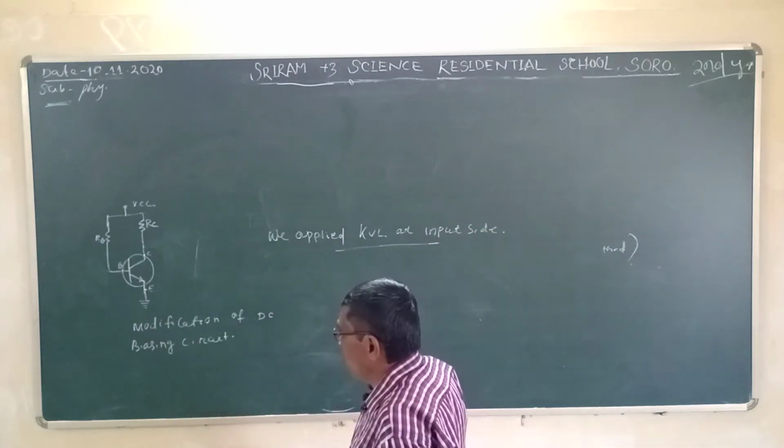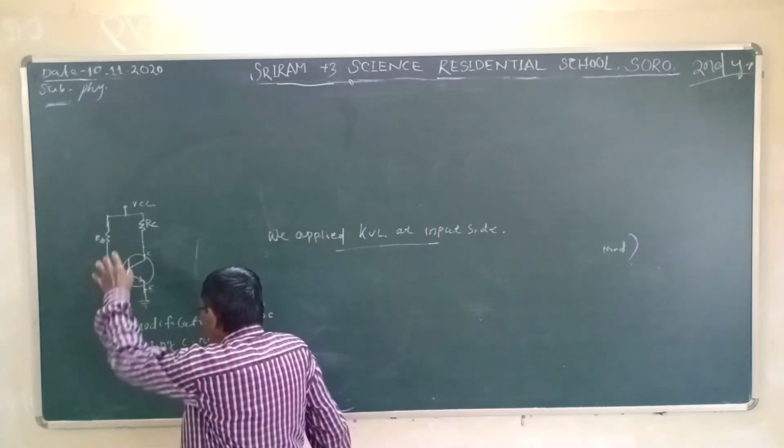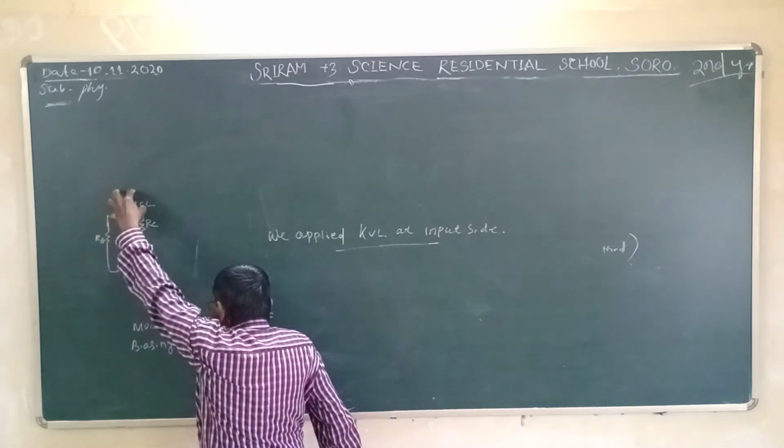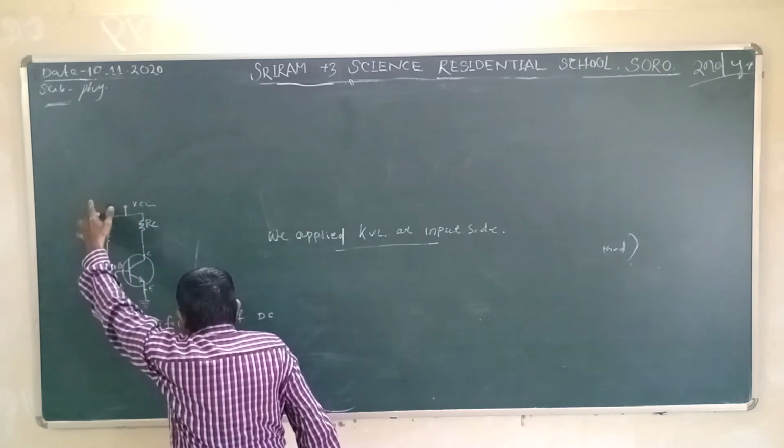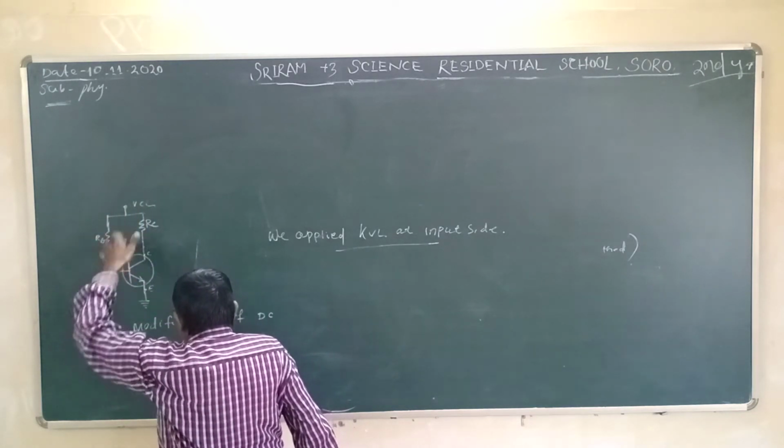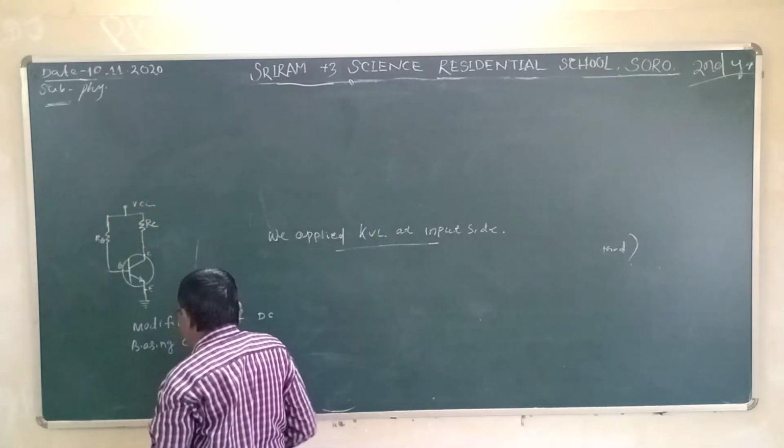In this diagram, when we apply the voltage VCC, current passes in the base and in the collector circuit.